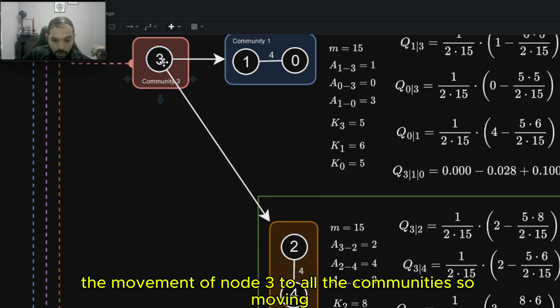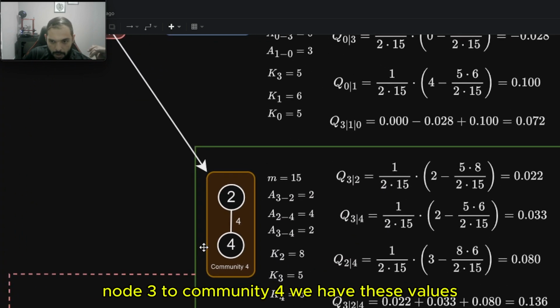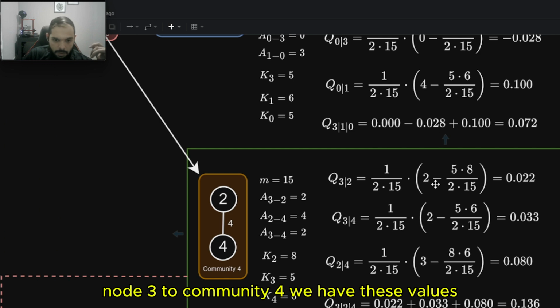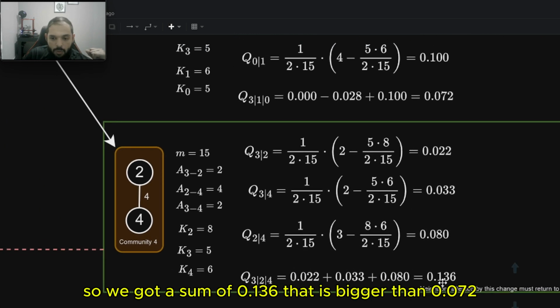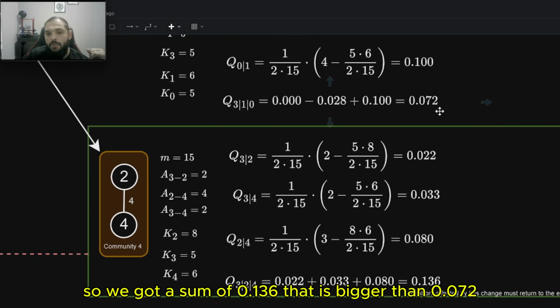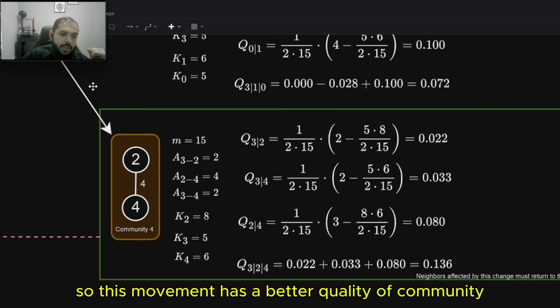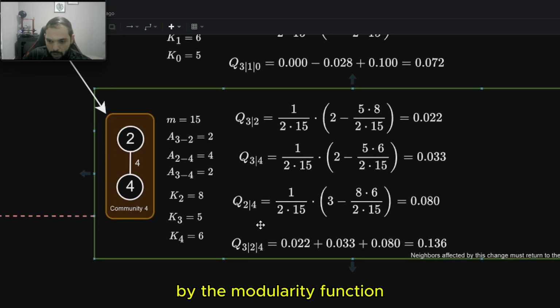So node 3 to community 4, we have these values. We got a sum of 0.136, which is bigger than 0.072. So this movement has a better quality of community by the modularity function.